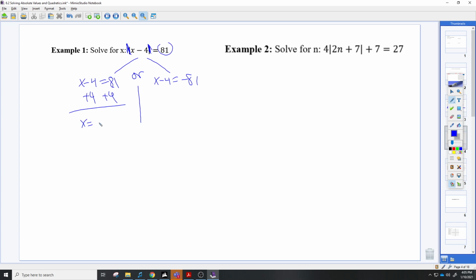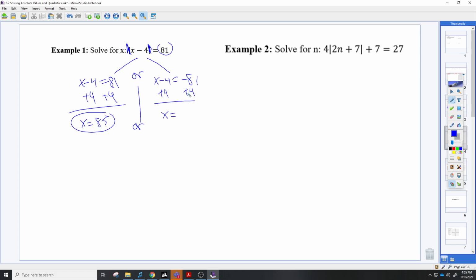So x equals 85. If you were to plug in 85 in here, subtract 4, do the absolute value, you get 81. Or the other option, if you add 4 to both sides, does not give you the same answer because now we have negative 81 plus 4. Completely different.